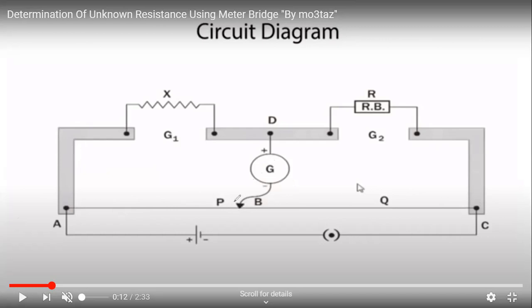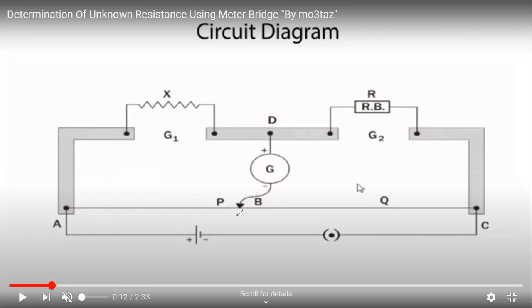So point B is called the null point, and AB is the balancing length. What is a null point? That is very important.